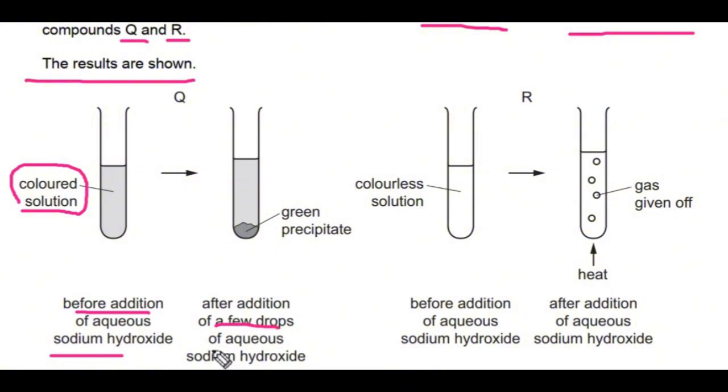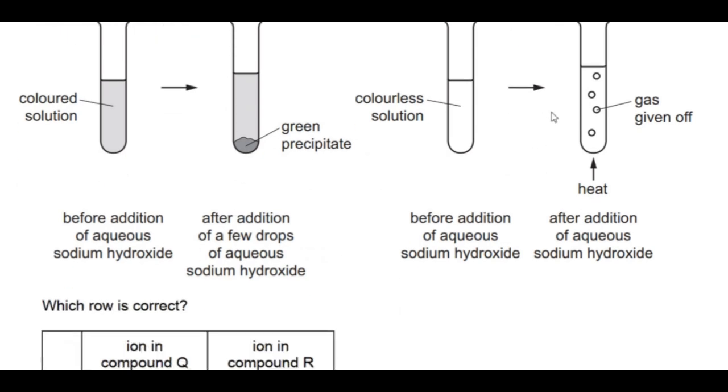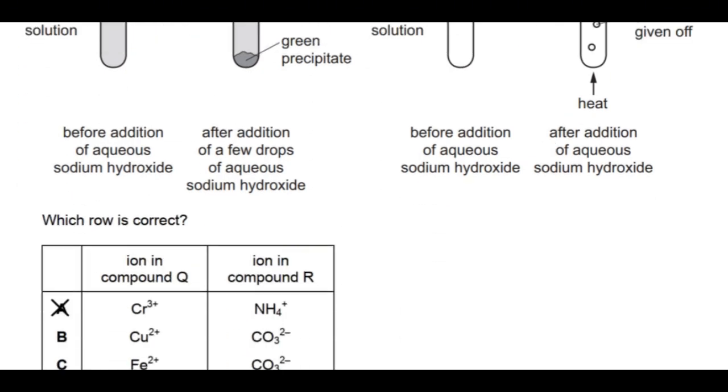After adding a few drops of aqueous sodium hydroxide, a green solution. So green, you know, there are two ions that can form green precipitate: chromium hydroxide is a green precipitate, and also iron(II) hydroxide is a green precipitate, but copper(II) hydroxide is a blue precipitate, iron(III) hydroxide is a red-brown precipitate. So the first answer may be chromium(III) or iron(II) because they form green precipitate.